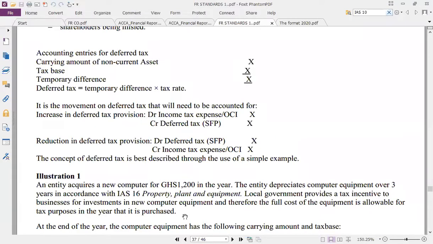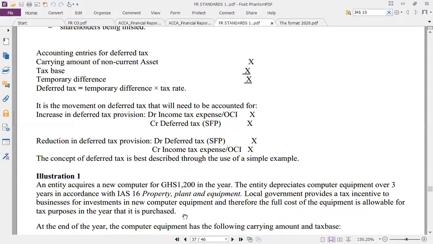The entity depreciates computer equipment over 3 years in accordance with IAS 16, Property, Plant and Equipment. Local government provides a tax incentive to businesses for investment in new computer equipment, and therefore the full cost of the equipment is allowed for tax purposes.